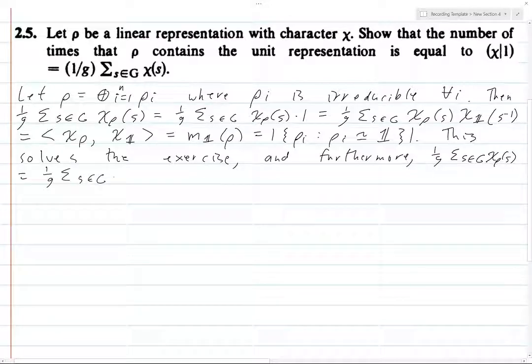Now this is using one of the previous exercises, 2.2. I'm going to write 2.2 here because we're using exercise 2.2. This chi rho of s is equal to the number of elements of capital X. Oh, we're not talking about, we don't have a group X here.